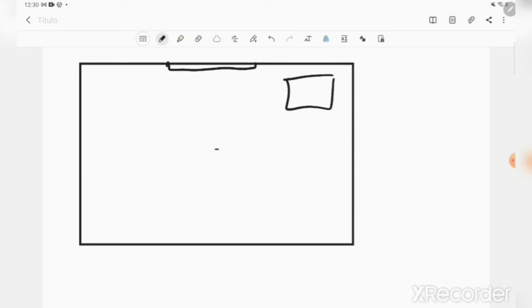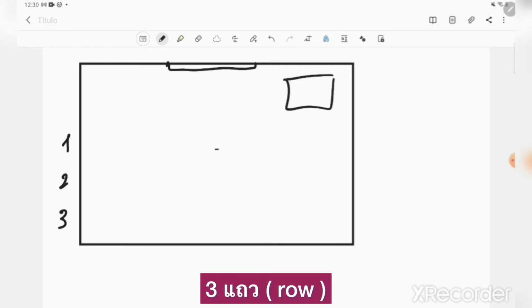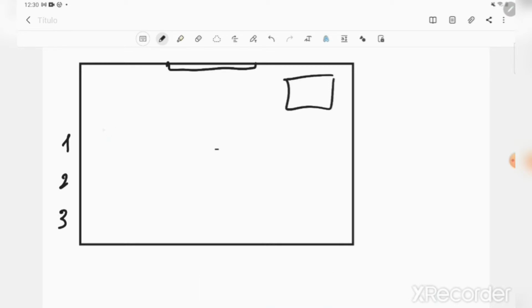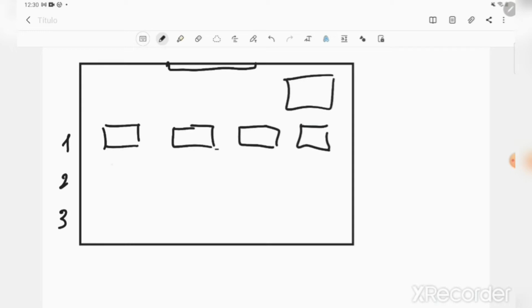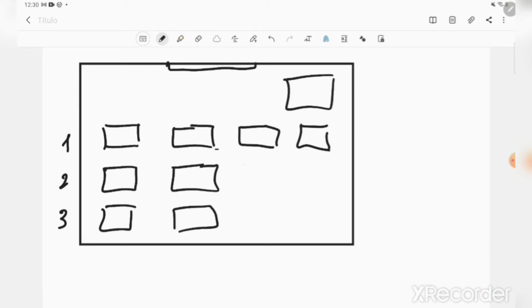Let's imagine that we have 1, 2, 3 rows of desks, okay? And each row has 1 desk, 2 desks, 3 desks, and 4 desks. Okay, here the same. 1, 2, 3, 4. Okay, this is the total of the class.